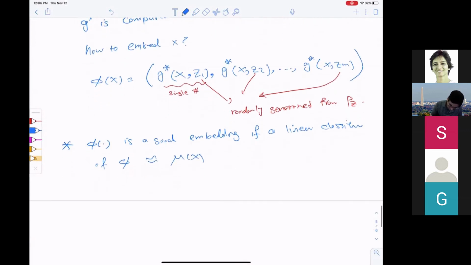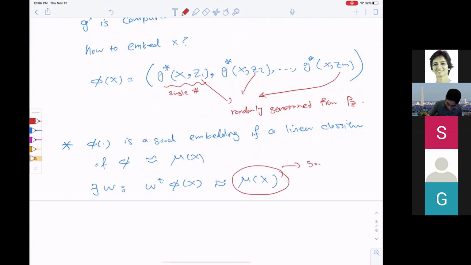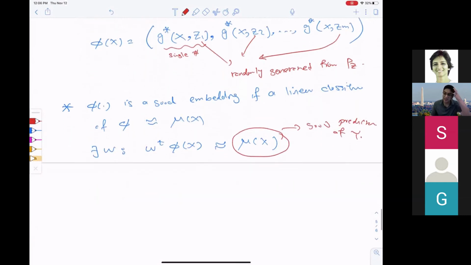In other words, I want to see if there is a W such that W transpose phi of x is close to mu of x, because then I'm done. Mu of x is a good predictor of y. And in fact, that is the case.